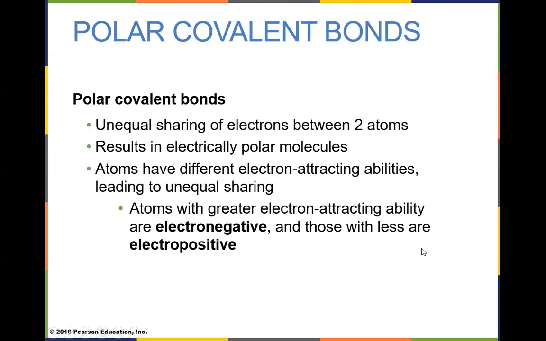But sometimes we can share the electrons, but don't share them evenly, and that creates a little bit of a charge on a molecule. Sometimes the electrons are drawn a little closer to the nucleus of the bigger atom.